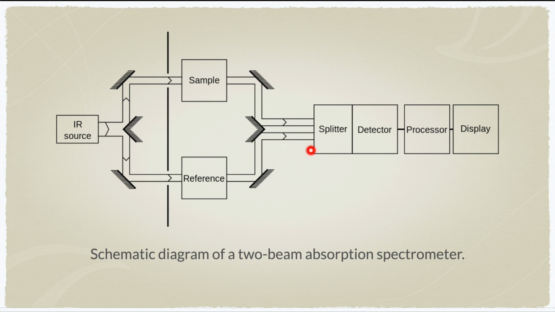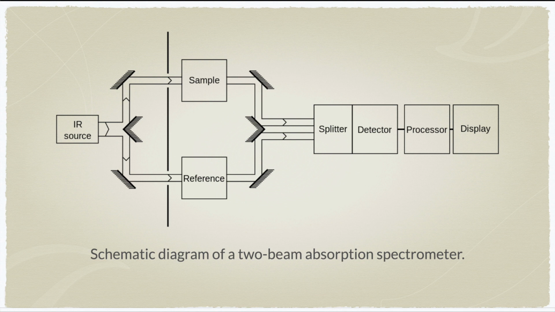Then this will go to the detector, and then it is processed, and finally the graph is plotted. So that was the thing. It's quite similar in principle to that of the UV visible. Now this is just a very simple diagram representation of this. The reason why you use the same beam to pass through a reference and the sample is to avoid any error.